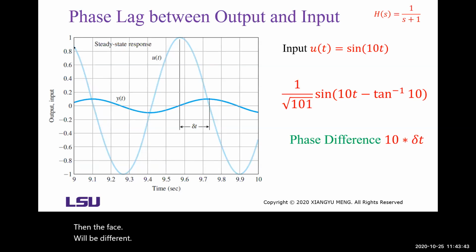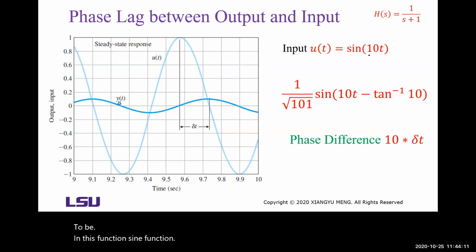So based on the two plots, here we have the input u(t), which is a sine function. Then for the output y(t), we can also look at the steady state. It should be a sine function.